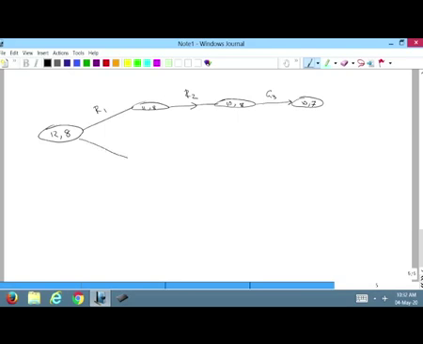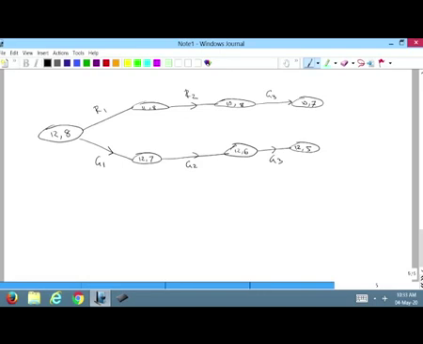On the other hand, if the first one is green, then we come to 12, 7. Second one is also green, then we come to 12, 6, then we come to G3, and that is going to be 12, 5.